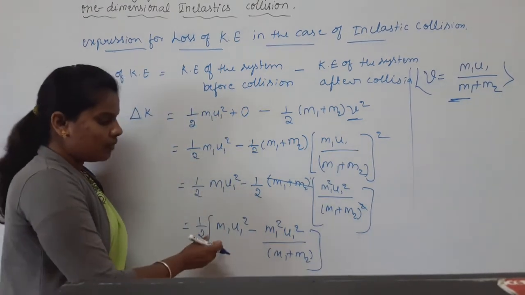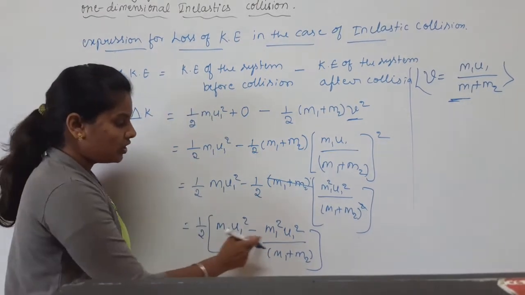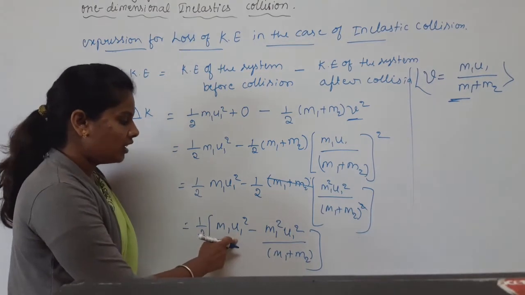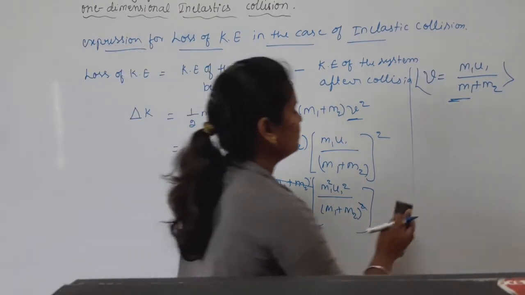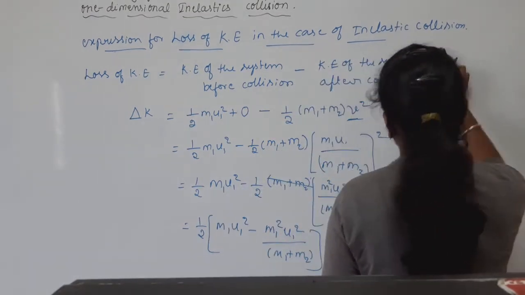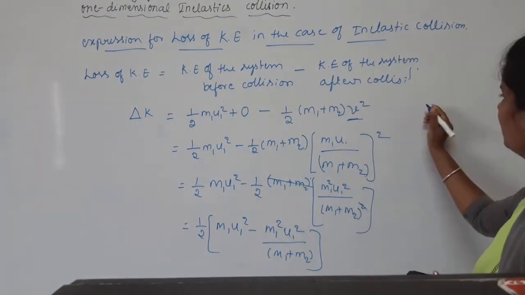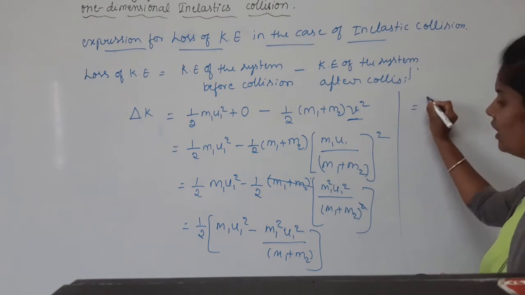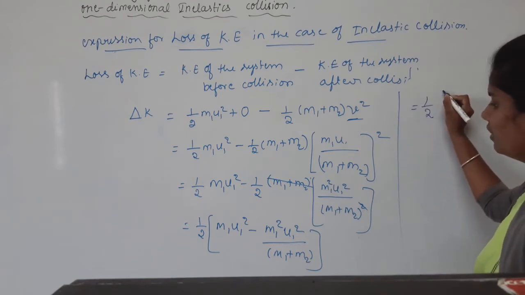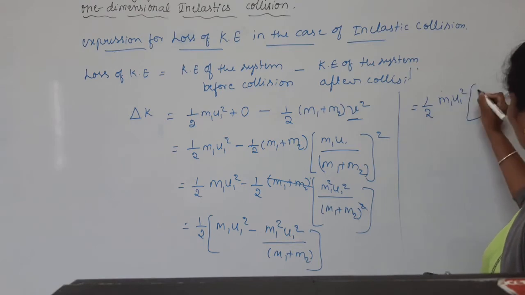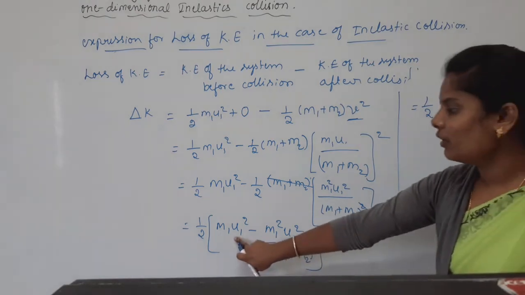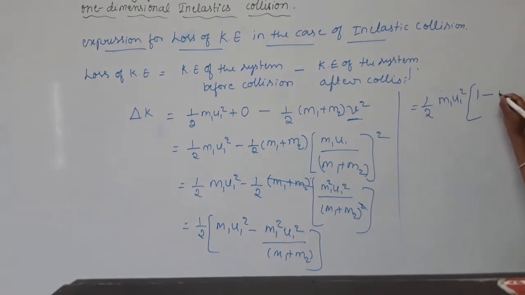Here, in both terms m1 u1 squared is common, so take it outside. We get 1/2 m1 u1 squared times (1 minus m1 divided by (m1 plus m2)).